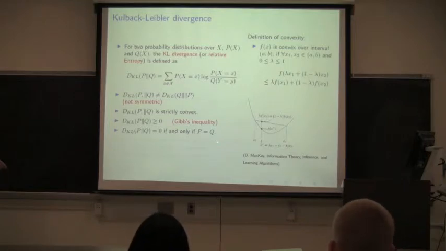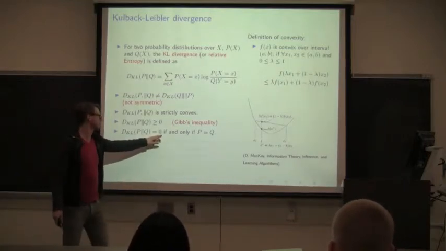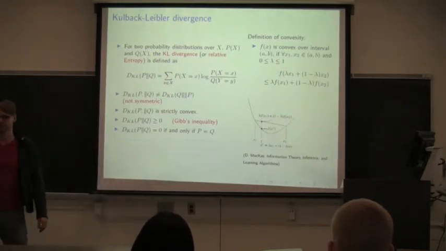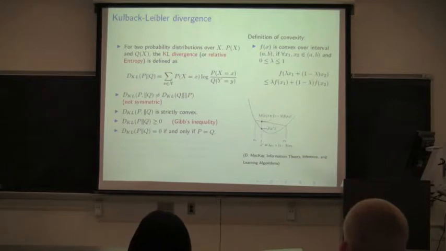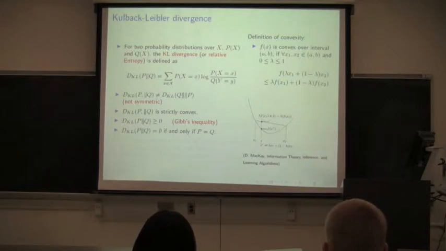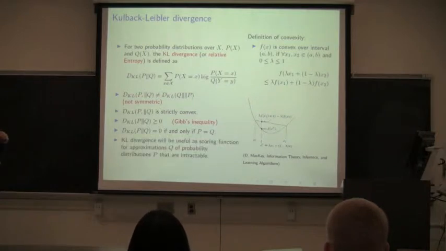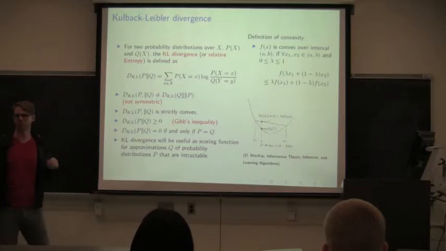It is minimized at 0 if and only if P equals Q. So the KL divergence is only 0 if the two probability distributions are the same. Otherwise, there will always be a loss in information. Only the true probability distribution gives me all the information. This will be lost in space for a while, but we'll use it later in this class.